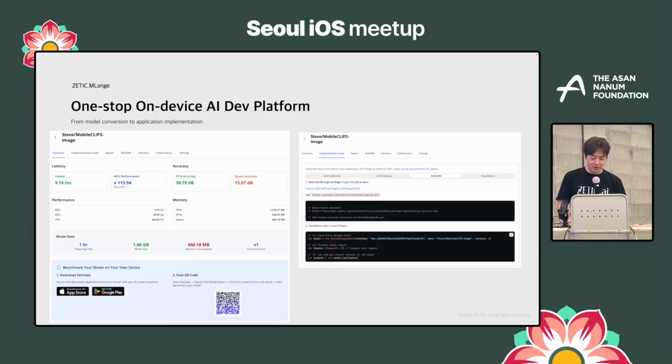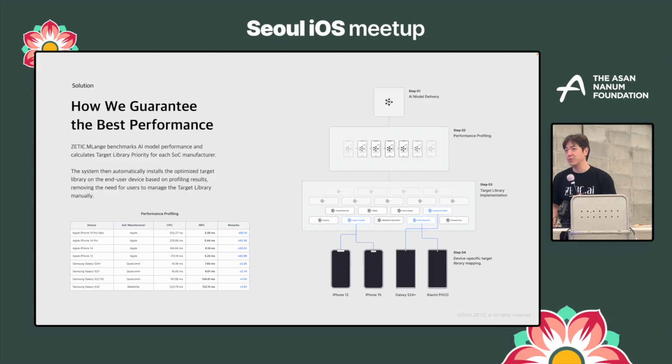That's a very great question. After we run the benchmark, we record the benchmarking results and set the priority of the target devices, the target software, and the target backend as well. That's how we support the best performance on the devices. When the user downloads your AI app, we don't directly put the model in at first.